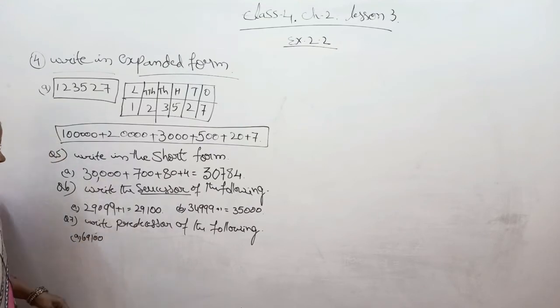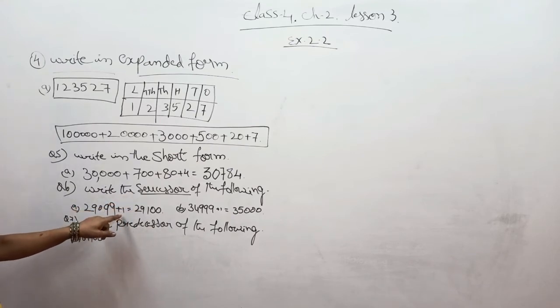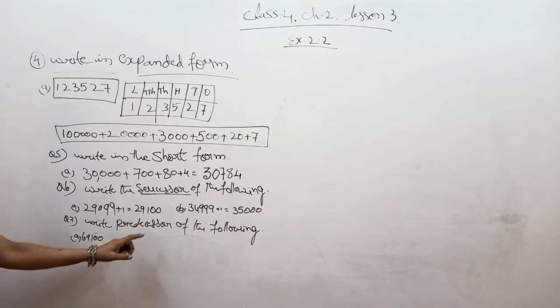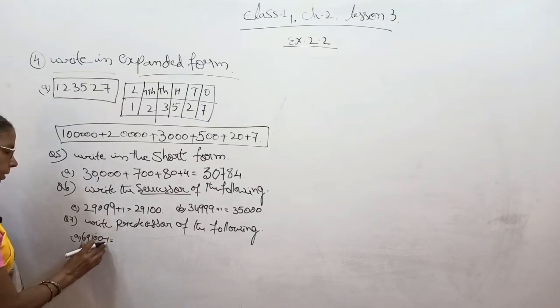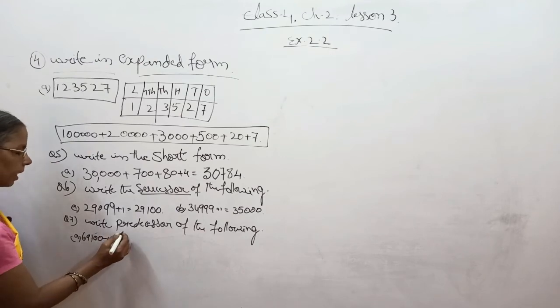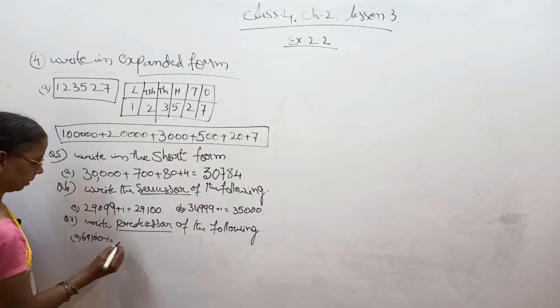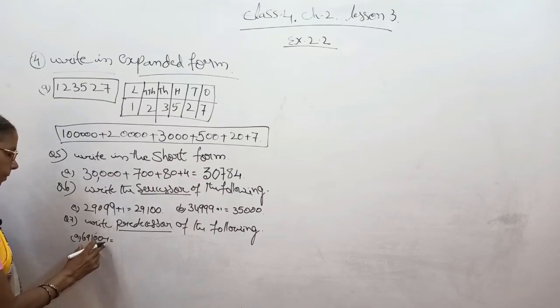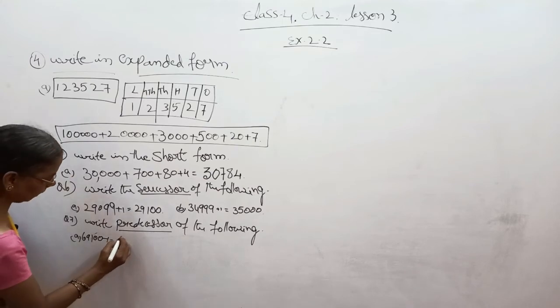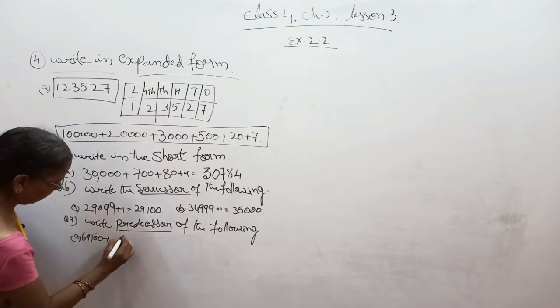Here in the successor we added 1, but in the predecessor we subtract 1. When 1 is deducted from the given number, we automatically get the answer.